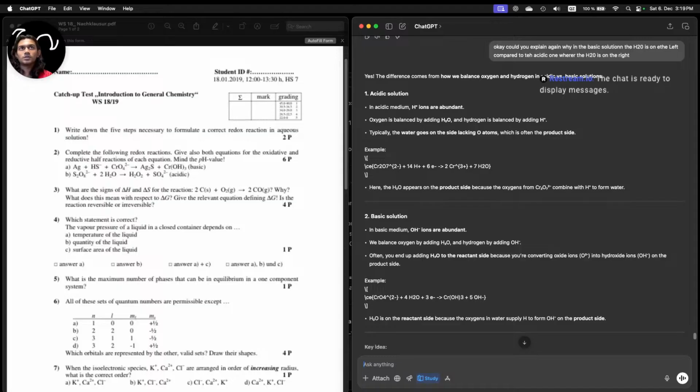Here, H2O appears on the product side because oxygen from the chromate combined with... Often you end up adding H2O on the reactant side because you're converting oxide ions into hydroxide ions on the product side. Okay, I'll do the math with that.